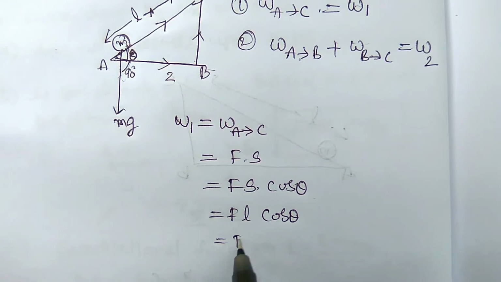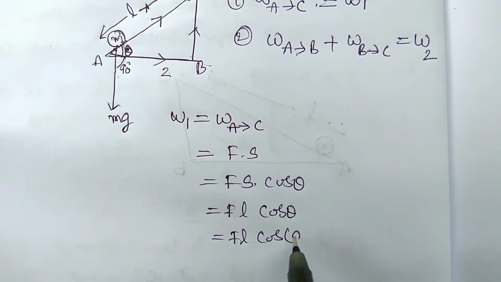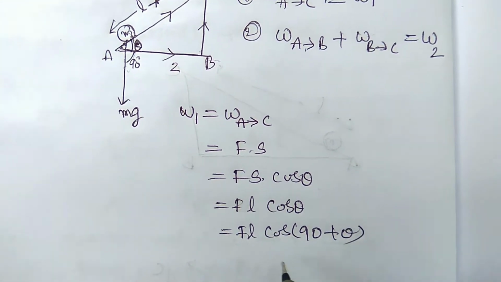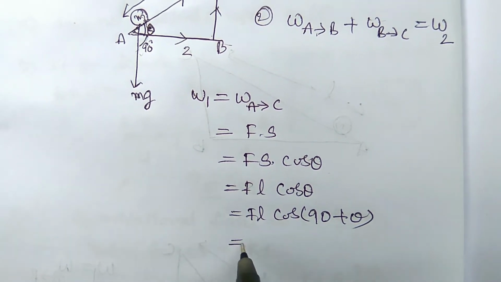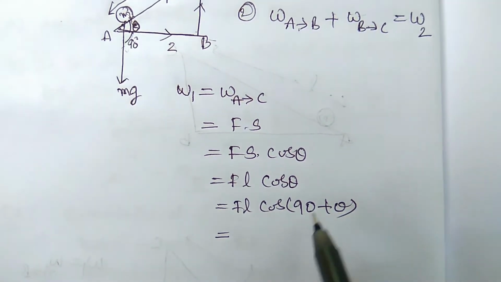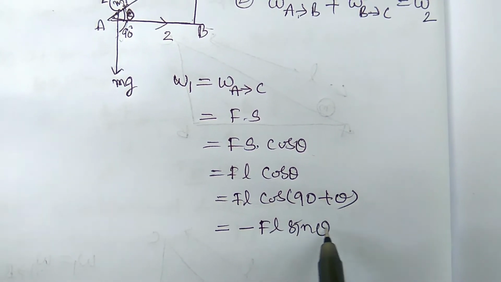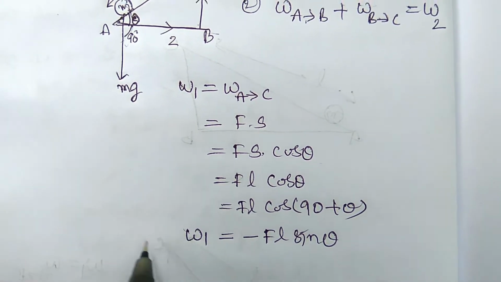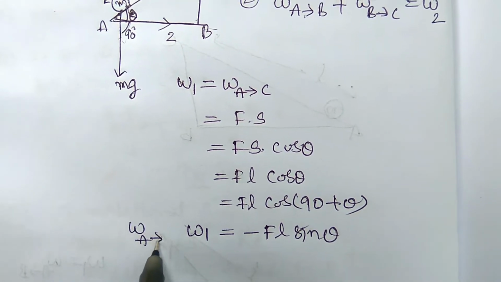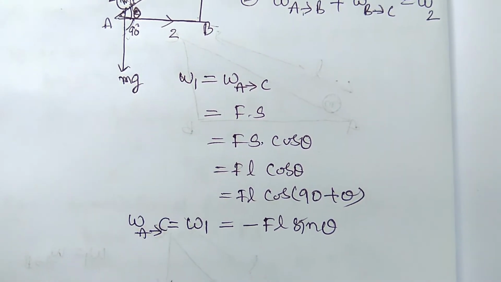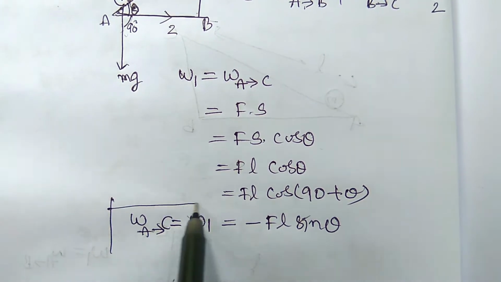We write FL cos(90 plus theta). Cos(90 plus theta) is nothing but minus sin theta. Then we can write minus FL sin theta. So this is the work done by path 1, which is A to C.